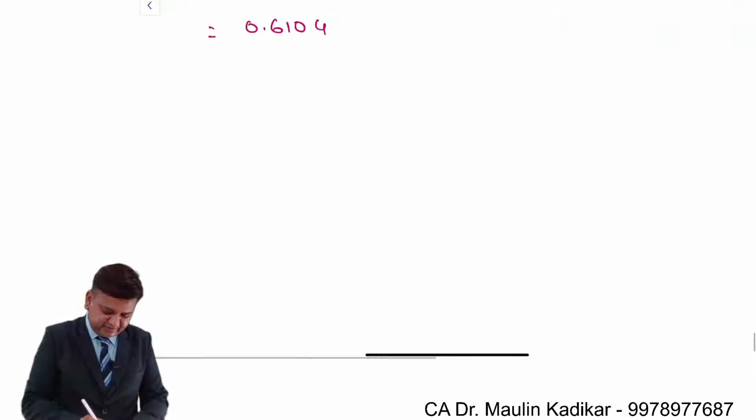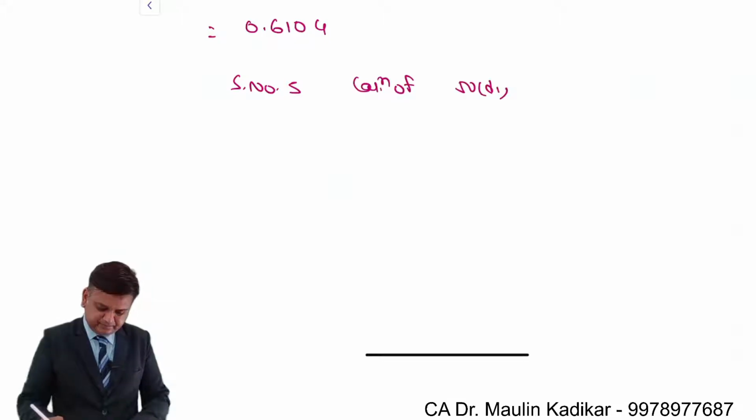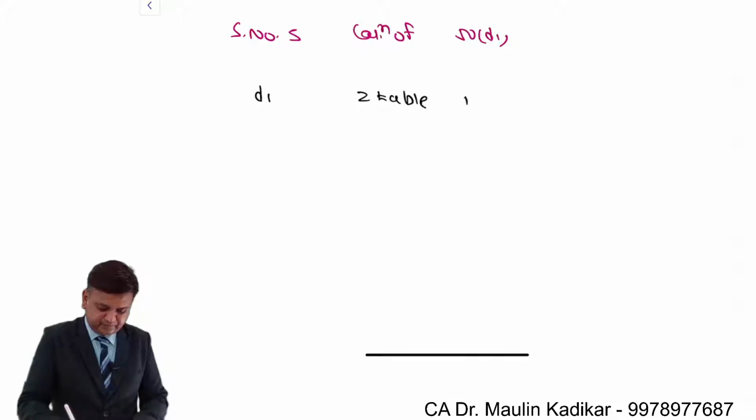Next, step number 5. Calculation of ND1. So D1 and Z table reading.